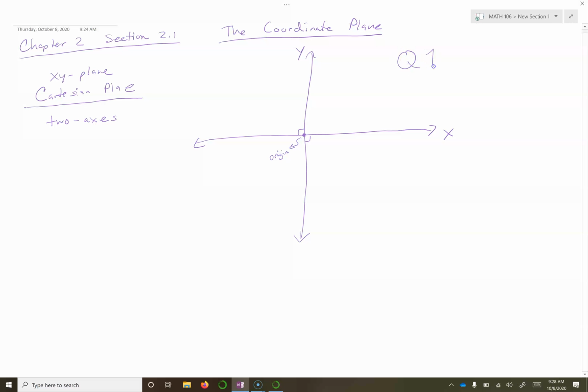This we call quadrant 1. Over here is quadrant 2. This is quadrant 3. Quadrant 4. Okay. In order to label any position in this plane, we use a coordinate. And we put the x value first, the y value second. So we would say this piece here is the x coordinate, and then this is the y coordinate.